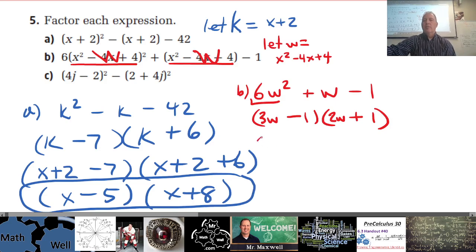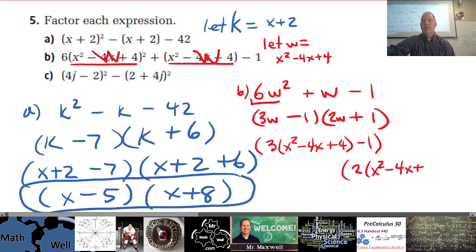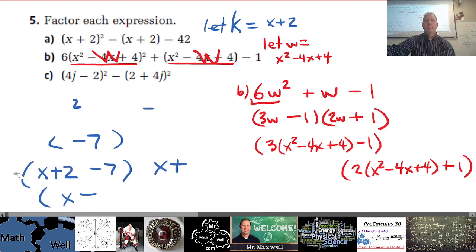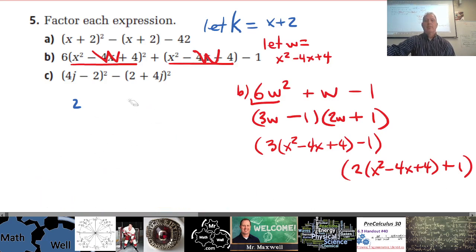So now we substitute. We got a big substitution here. X squared minus 4x plus 4 minus 1. And I'm running out of room, but this is 2 times x squared minus 4x plus 4 plus 1. I'll move over to this side.